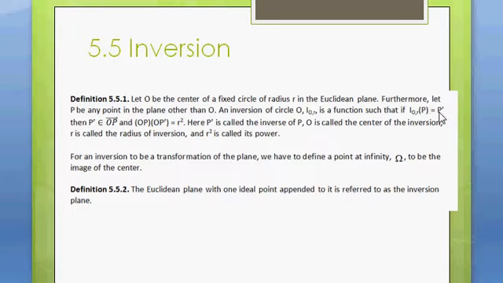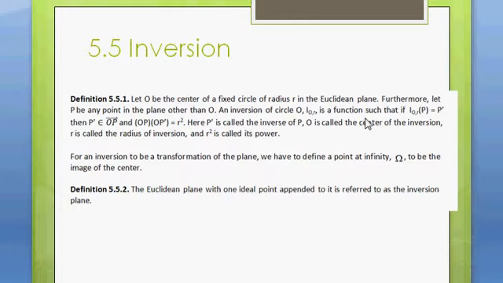So the inversion sends P to P prime, where P prime is on the ray OP, and it sends it to a distance, kind of like a dilation but a little bit different, to where OP times OP prime is equal to r squared, the radius of the circle squared. So P prime will be called the inverse of P, so they're inverses of each other.